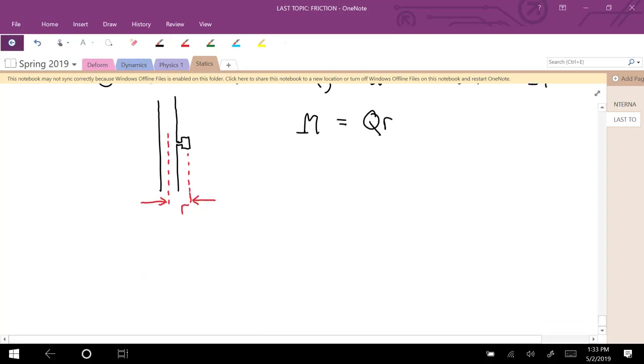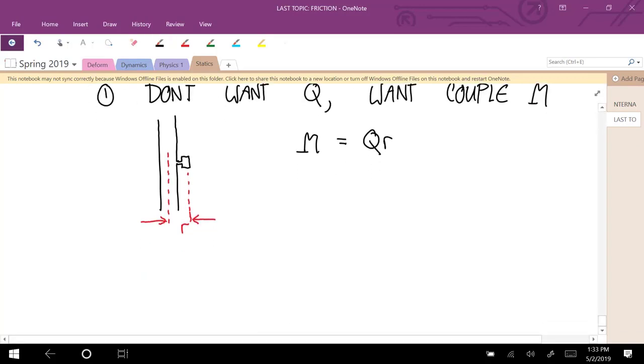And the second one is that if you want to specify what kind of thread to get on your square threaded screw, you don't specify it with that angle.